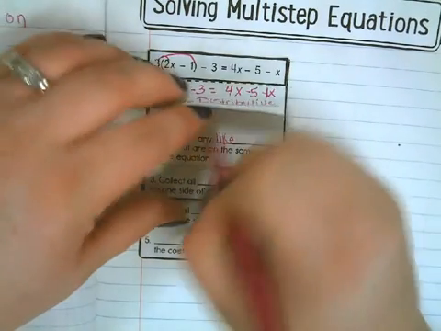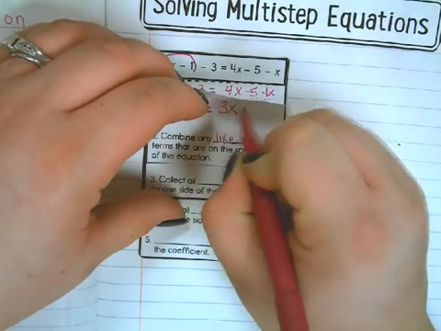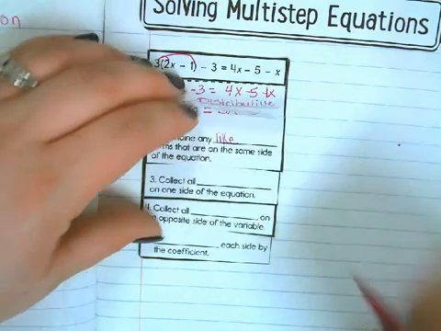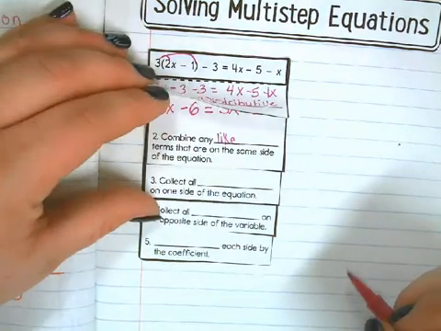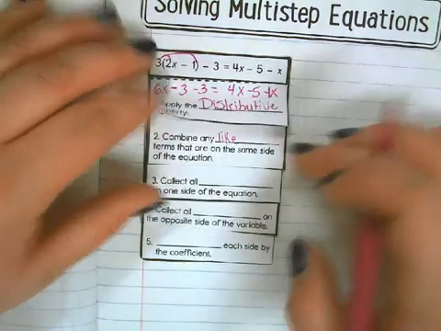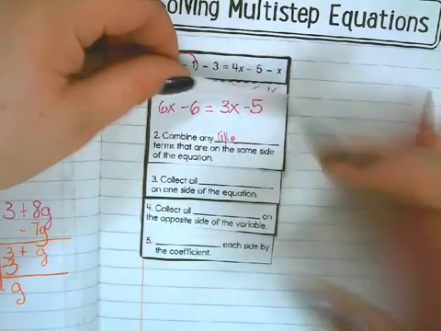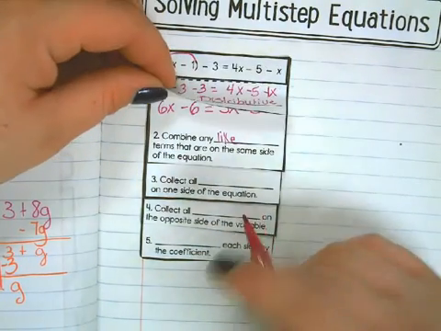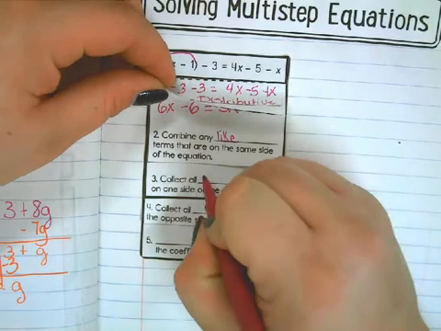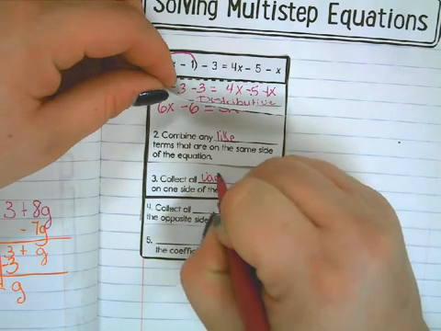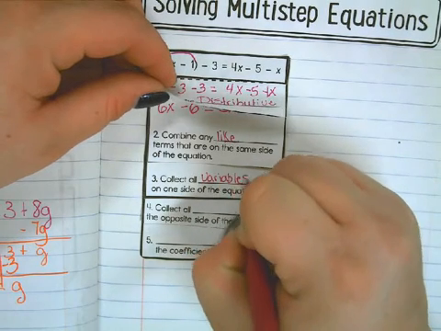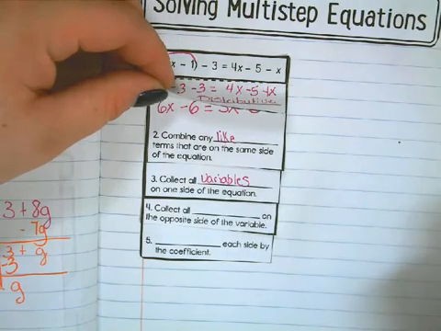Now this should look similar to what we were doing on Monday and Tuesday. Step 3, we're going to collect all variables on one side of the equation. So our equation was 6x minus 6 equals 3x minus 5.